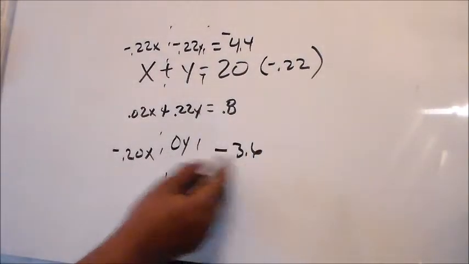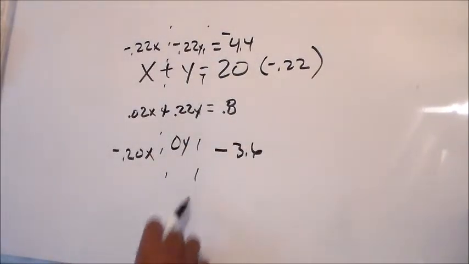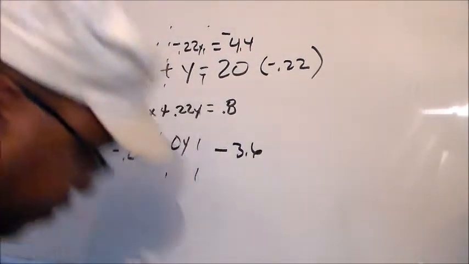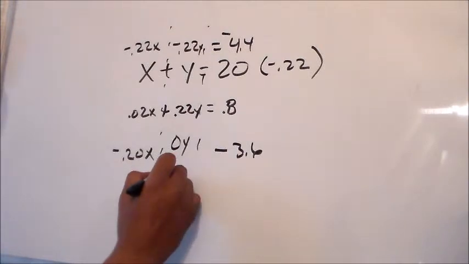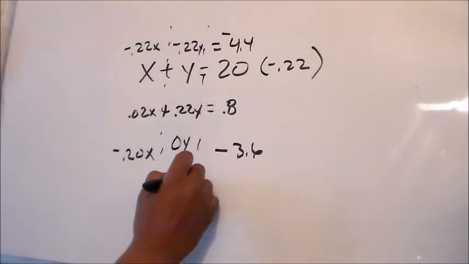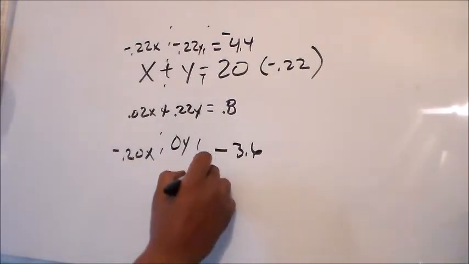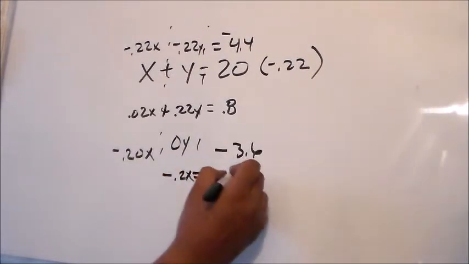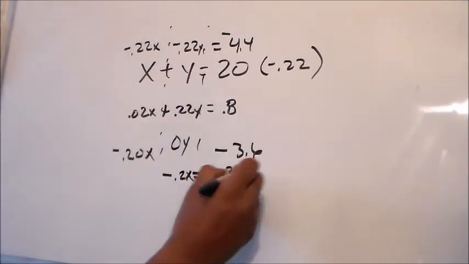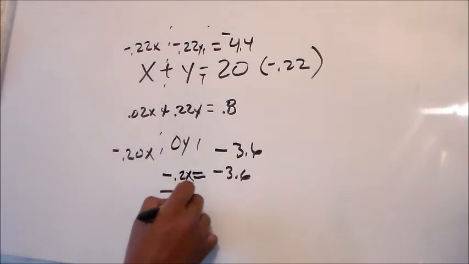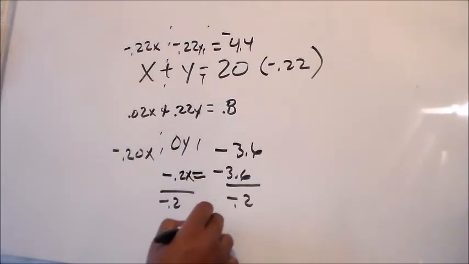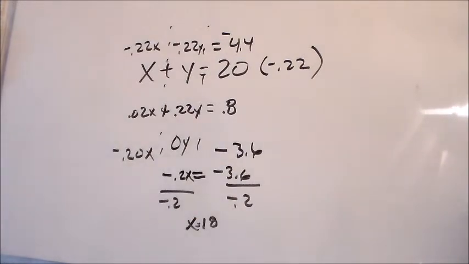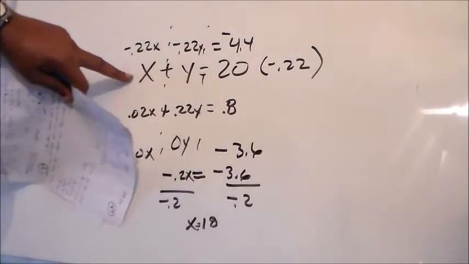Now, let's have our equation first, and then we can do things algebraically. So negative 0.2x equals negative 3.6. When I divide both sides by negative 0.2, my answer is going to be 18. 18 represented milk.